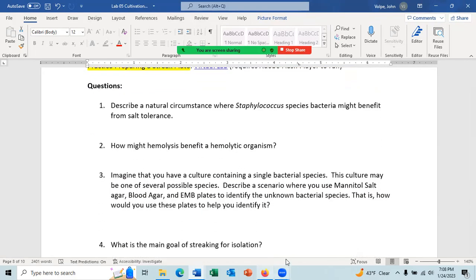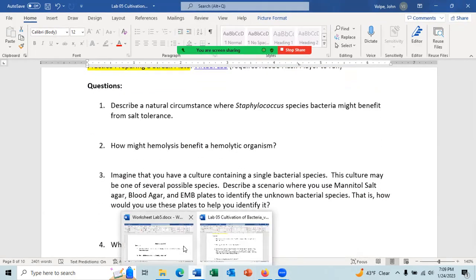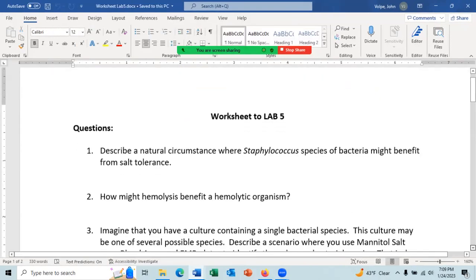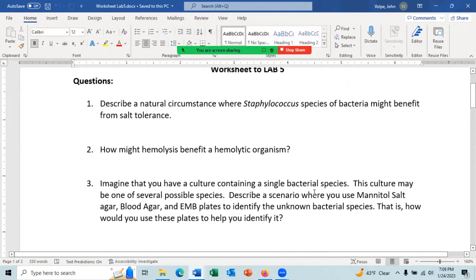All right, so then answer the questions in the worksheet. They may be different in the lab module, so use the worksheet. Describe the natural circumstance where Staphylococcus species of bacteria might benefit from salt tolerance. So don't tell me something like, when you grow Staphylococcus on mannitol salt agar, it will grow because it's salt tolerant, okay?